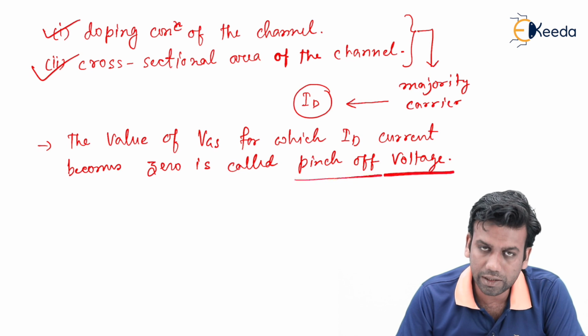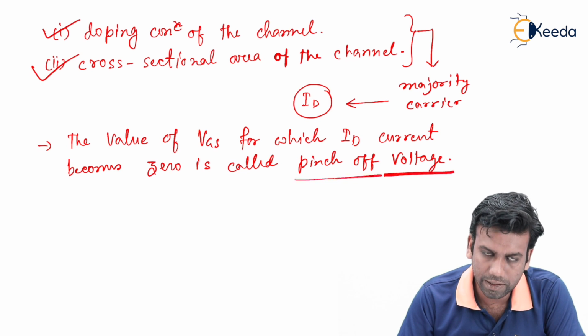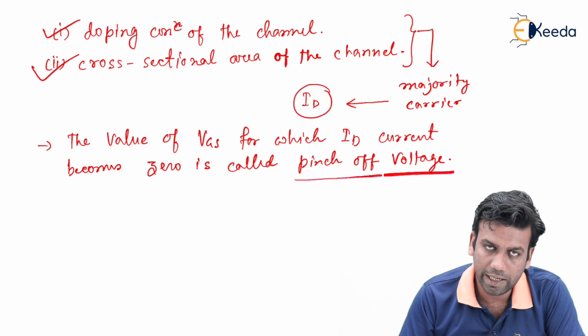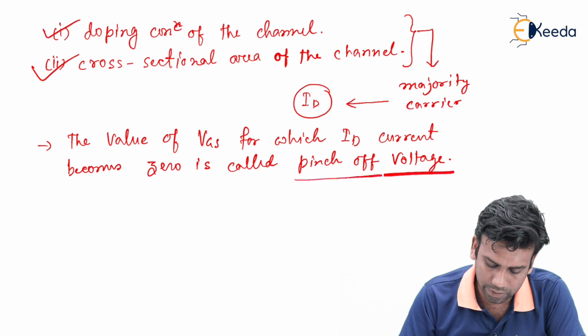Now by using the VGS, we can control the channel length or channel cross section modulation.